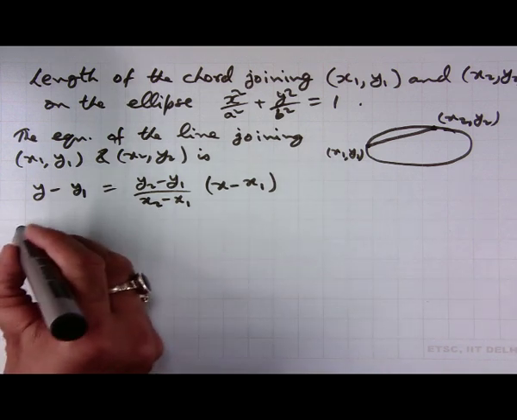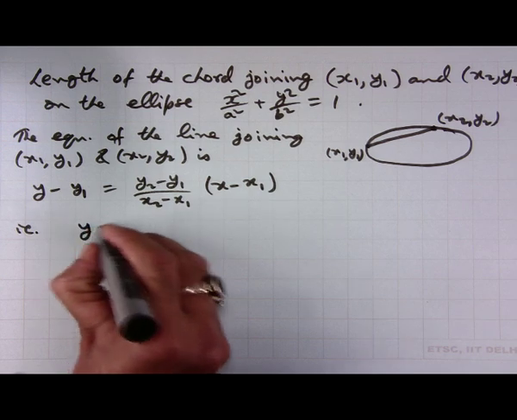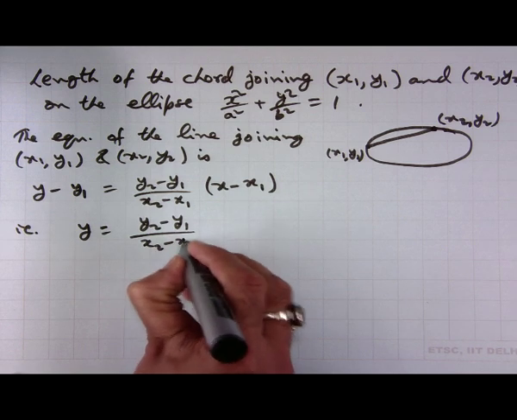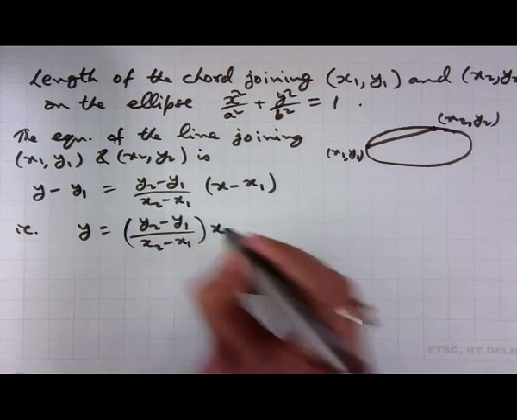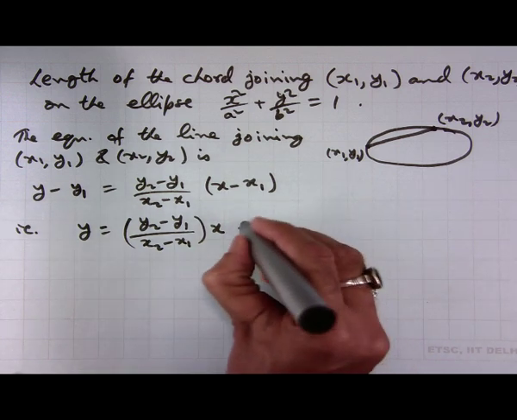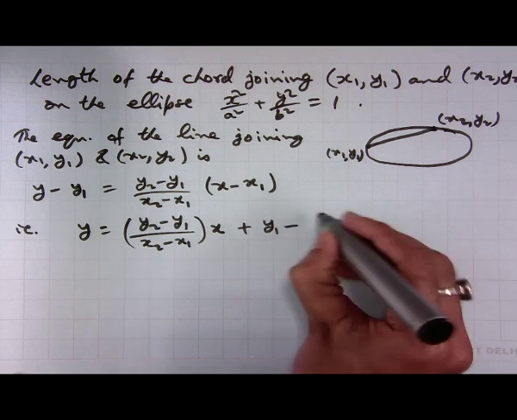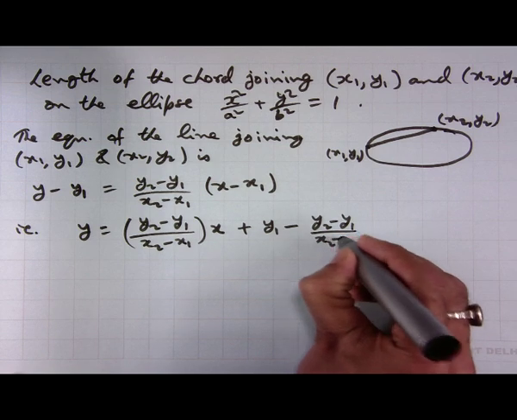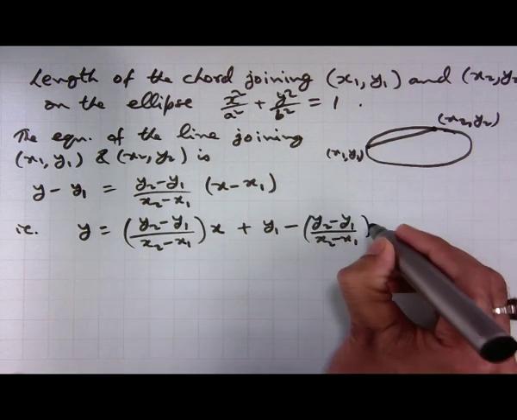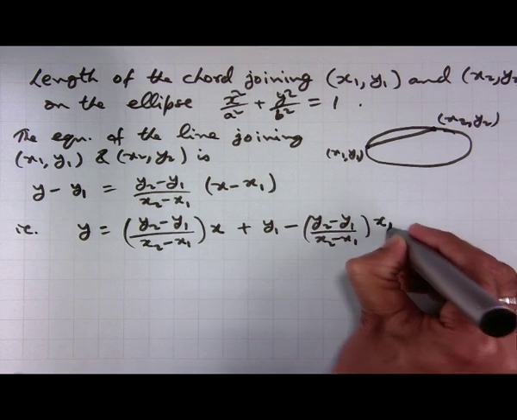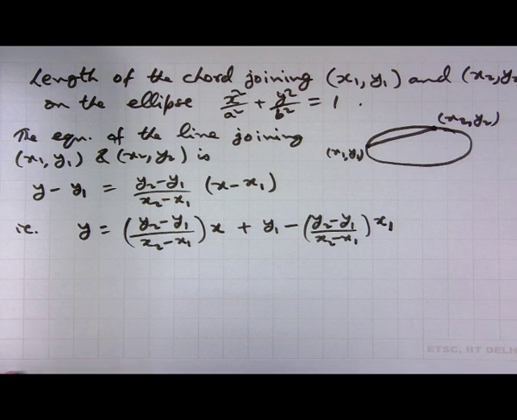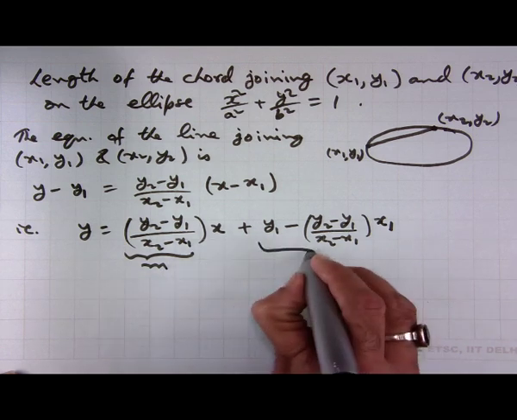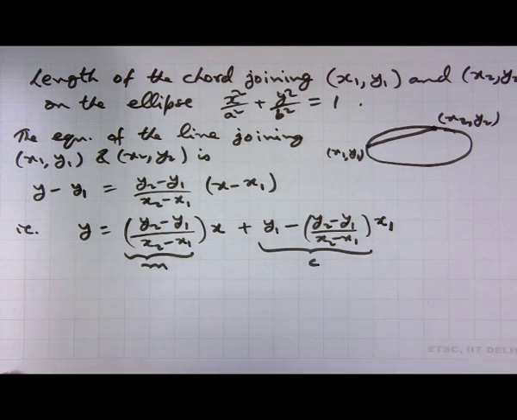This is the same thing as y equal to y 2 minus y 1 by x 2 minus x 1 times x plus y 1 minus y 2 minus y 1 by x 2 minus x 1 times x 1. So, that means this is the value of m and this is c for this line.